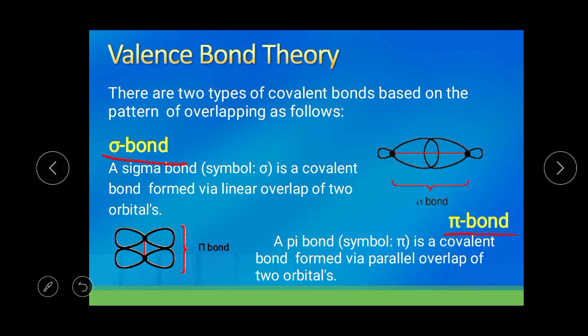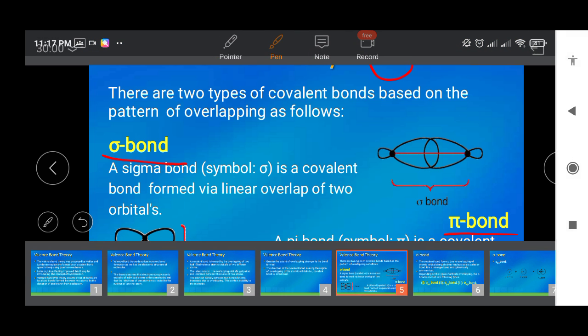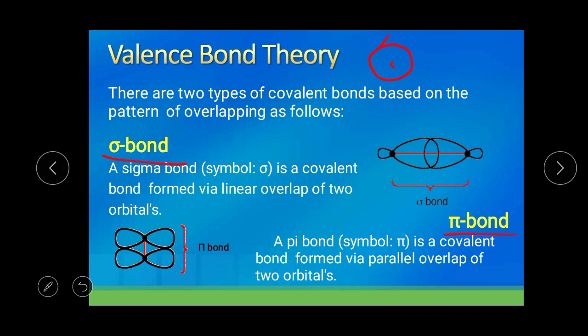For example, if we take an atom's nucleus, and this is another atom, if they overlap linearly through the nucleus center, then we call it a sigma bond. This is called linear overlap.